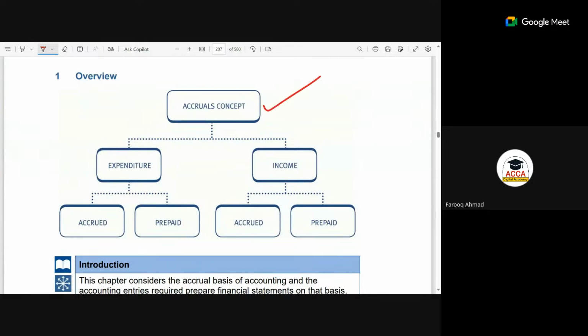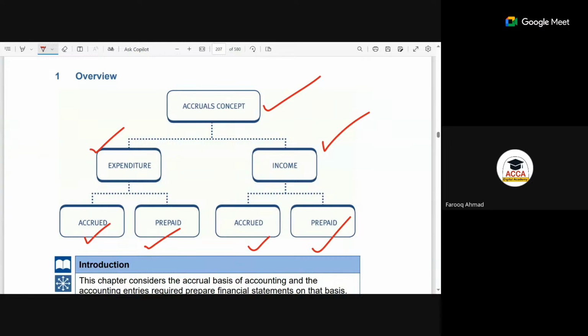The accrual concept applies to expenditure and income, so it will be accrued and prepaid. Allocation will be done for the accounting period. Suppose you paid rent in advance for 12 months, but in this accounting period it relates to 4 months only.